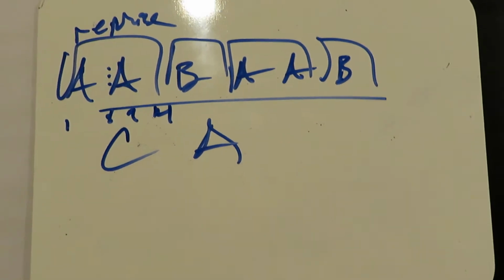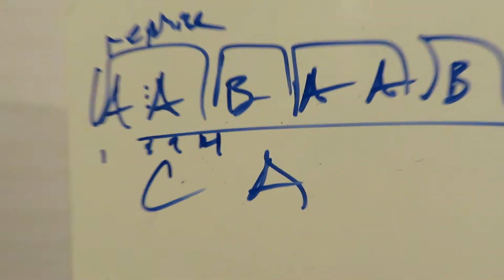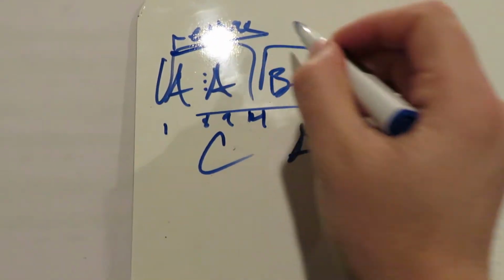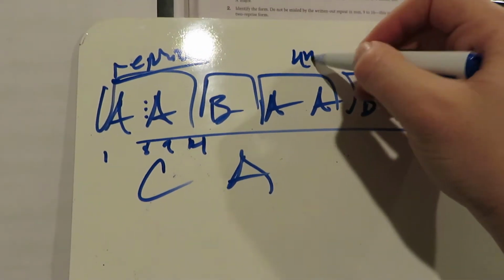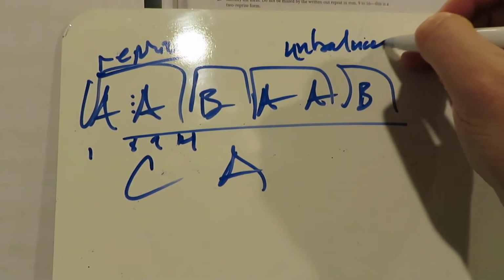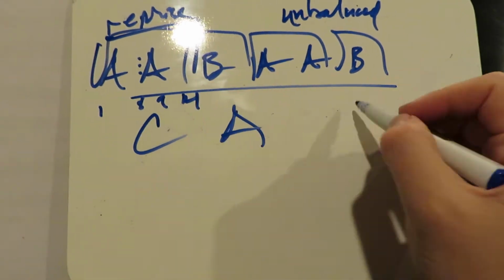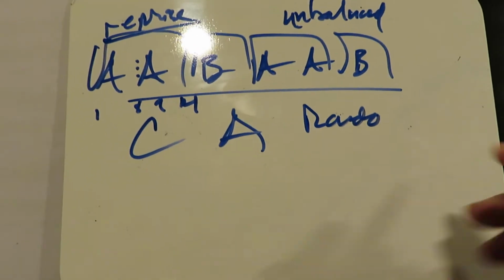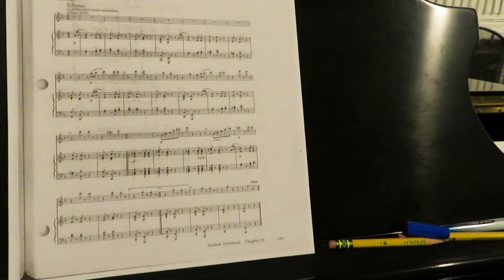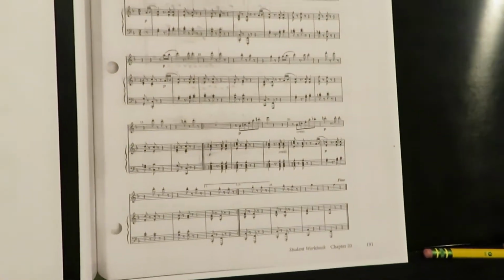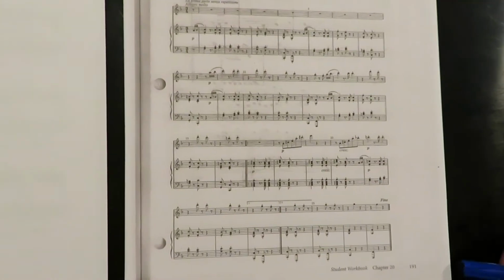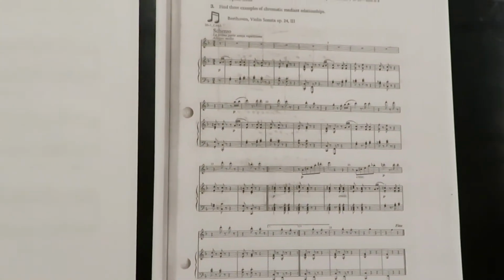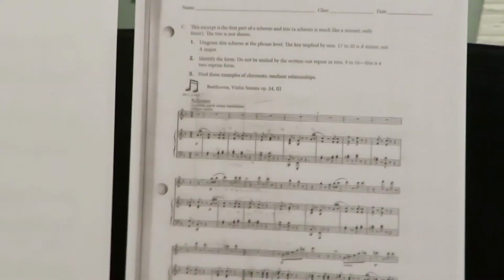Then you can start labeling, okay, I know that that's a reprise. I know that it's unbalanced. I know from here that it's a rondo. I've surmised that much. And then you can start filling in the information. That's probably one of the easiest things I can tell you to do when it comes to labeling music and finding the form for multiple pages all at once.